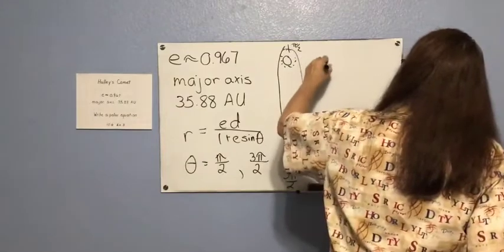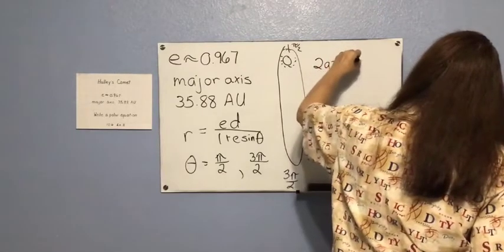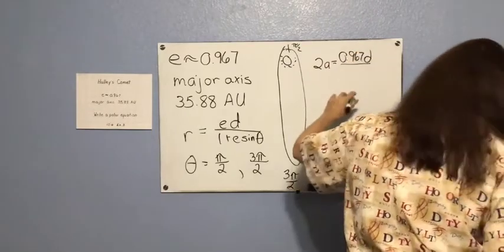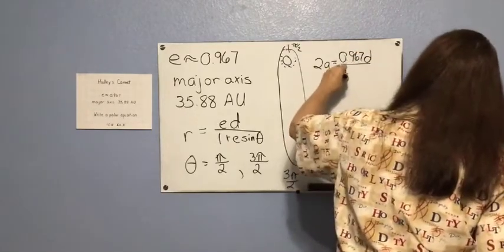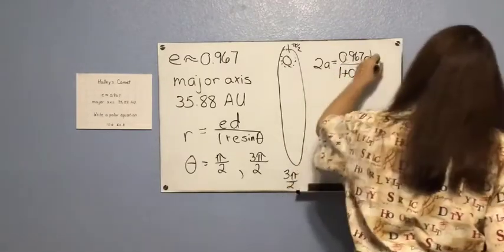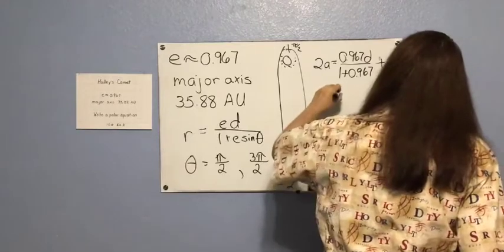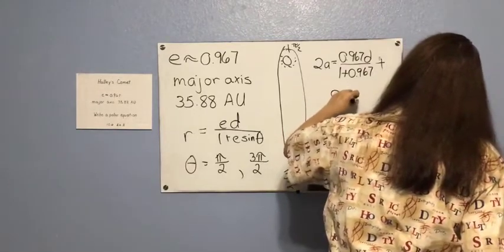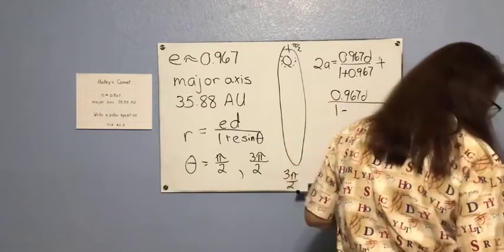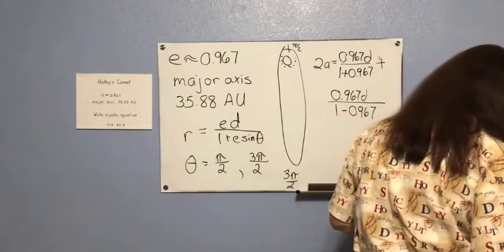So I can write 2a is equal to 0.967d divided by 1 plus 0.967, plus 0.967d over 1 minus 0.967.